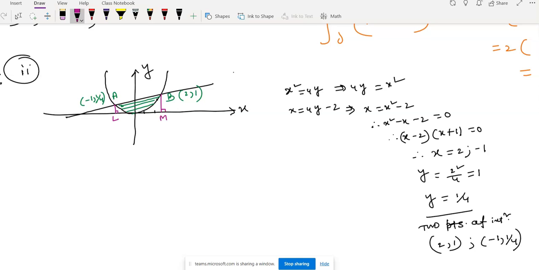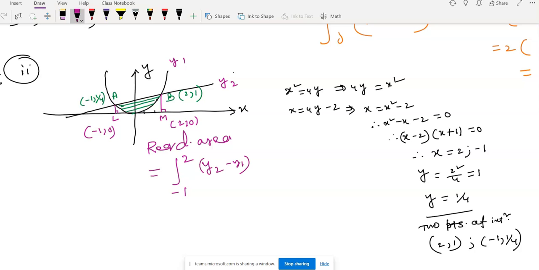Again, I am going to consider that y2 minus y1 concept. If this is y2, this is y1. So the required area is equal to the integral from minus 1 to 2 of y2 minus y1 dx.